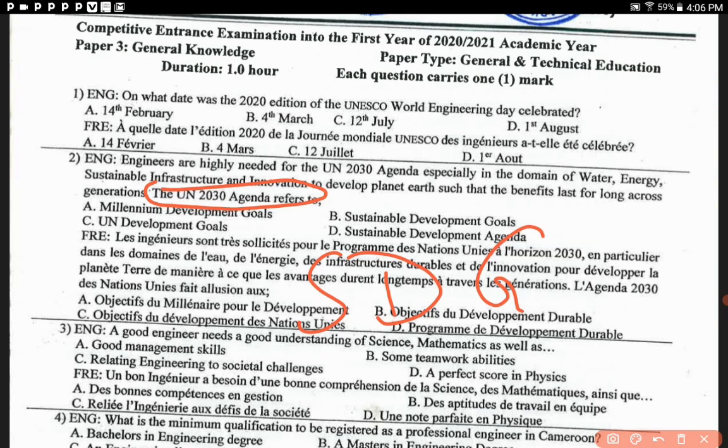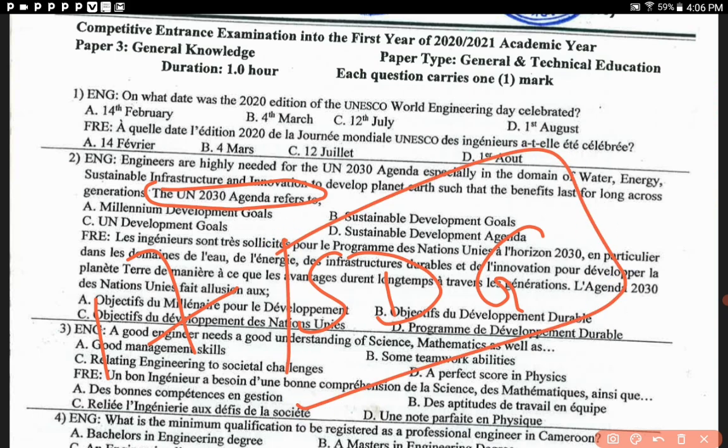Now, I'll have to explain a few things to you for you to understand very well. The Sustainable Development Goal was adopted by the United Nations General Assembly in 2015. And then this framework contains up to 17 Sustainable Development Goals, 17 SDGs.